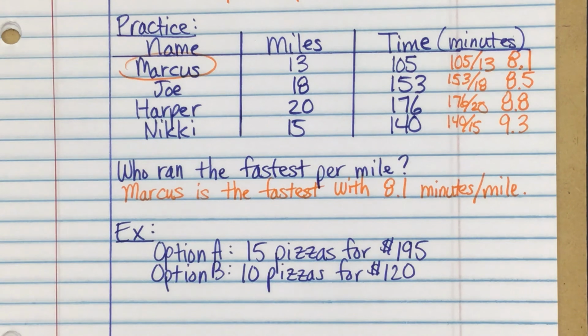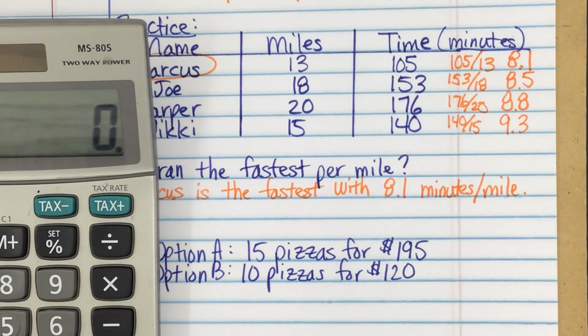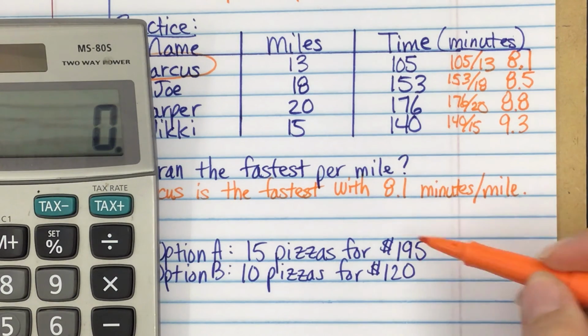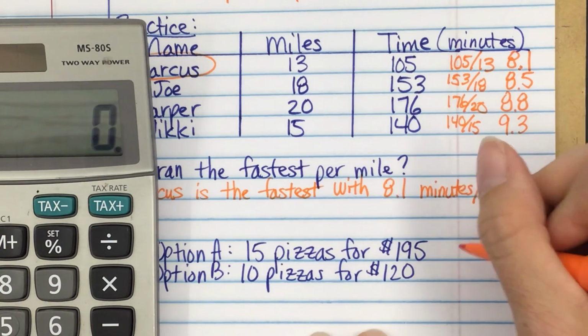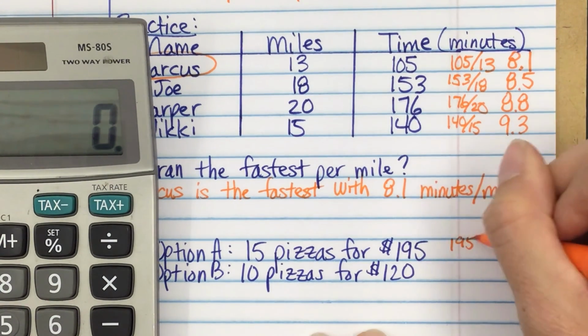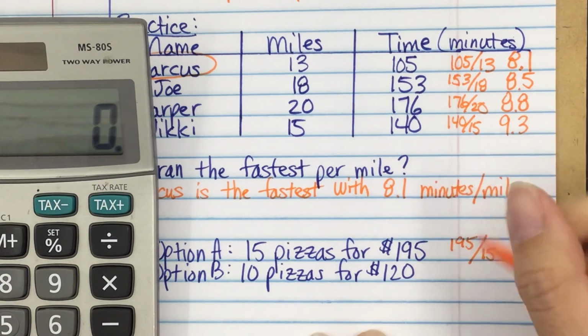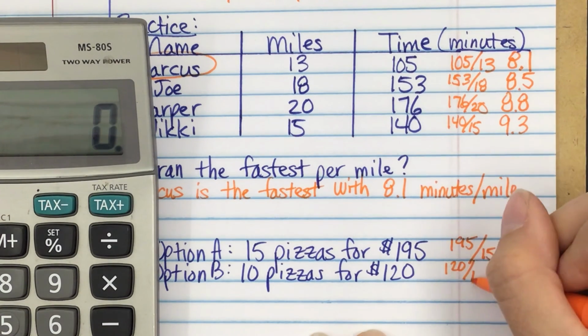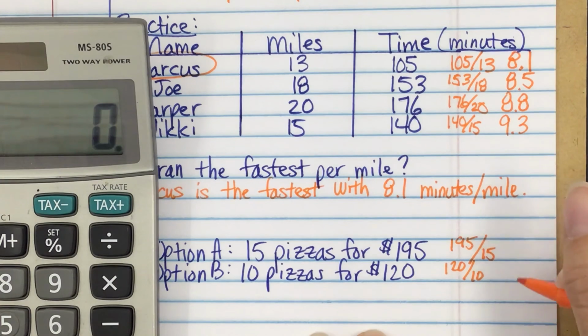Which one's cheaper, basically. So what we can do is we can just divide. We always put money on top. So this will be 195 over 15. This will be 120 over 10. I don't need a calculator for this one. This one's going to be $12 per pizza.